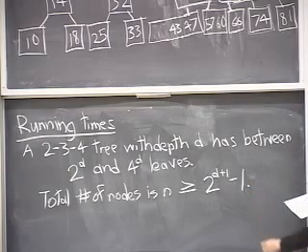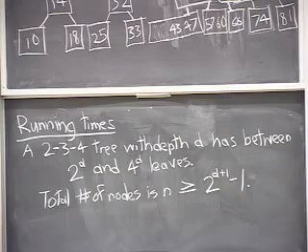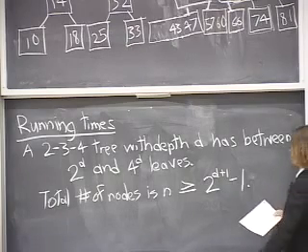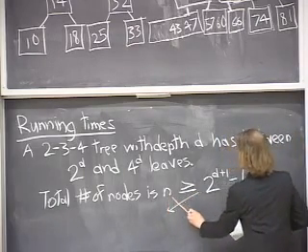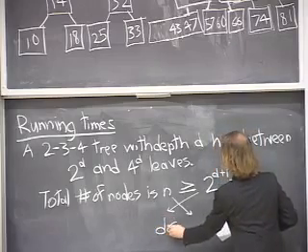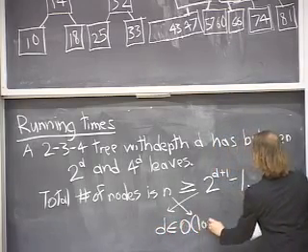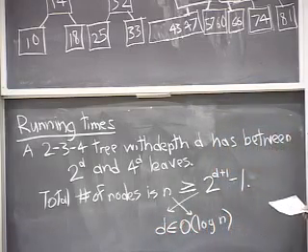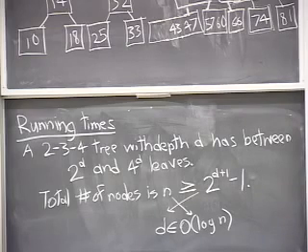And by taking the logarithm of both sides and turning them around, that means that d is in big O of log n. So the depth of the tree is always big O of log n.